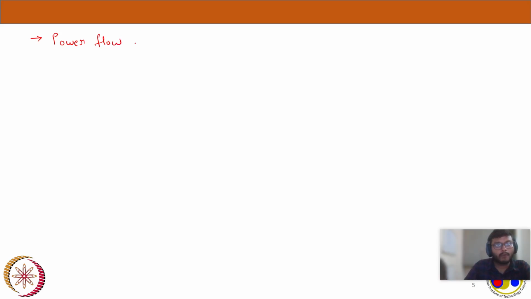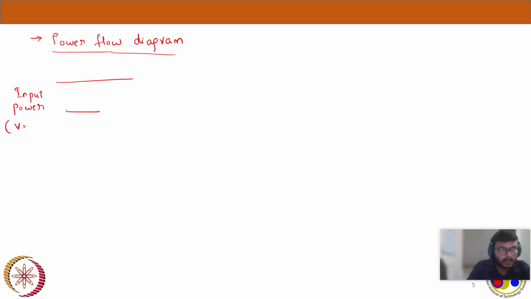If you remember what we discussed today, in the power flow diagram we started with the total supply we are giving. Let's say the input power is VFIF and VAIA.